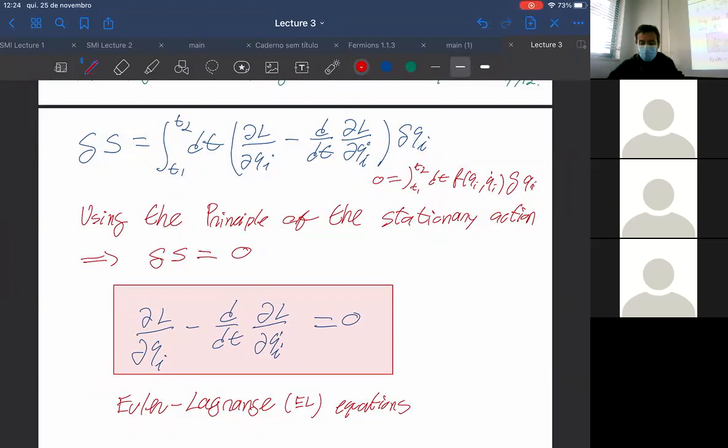I think what's on my mind is what comes first. Is this 0 because of the properties of the Lagrangian, or does the Lagrangian have the properties it has because we impose the variation of the action to be 0?